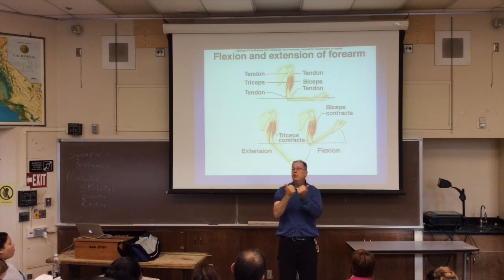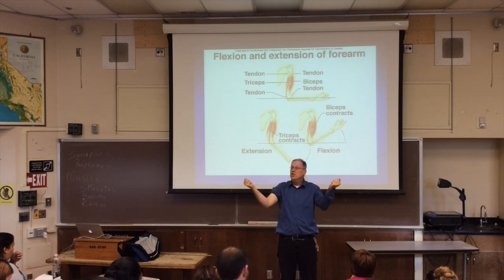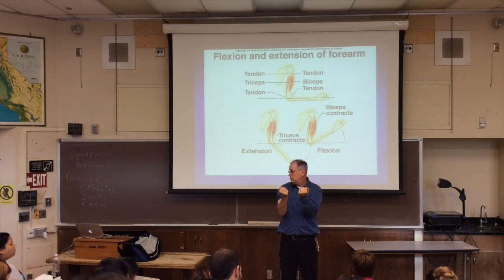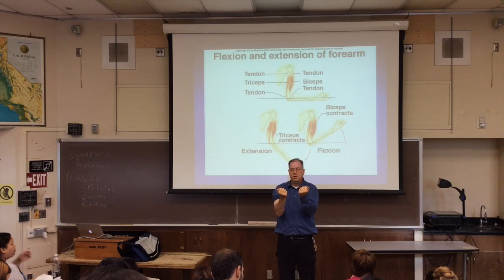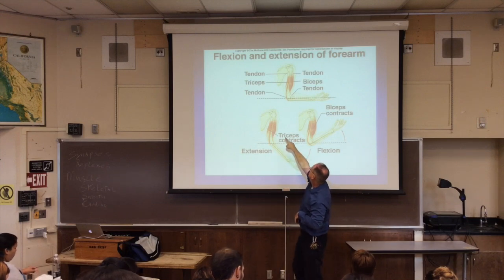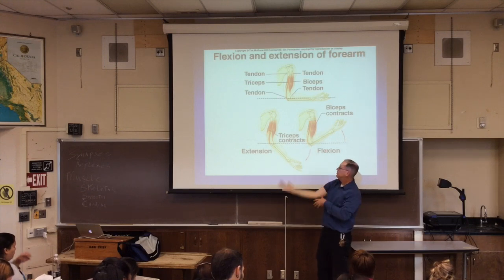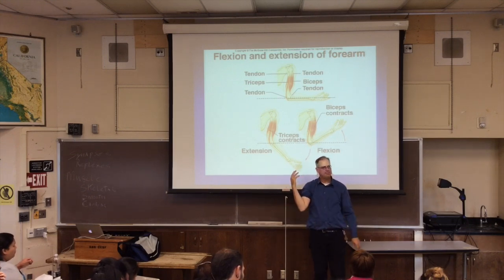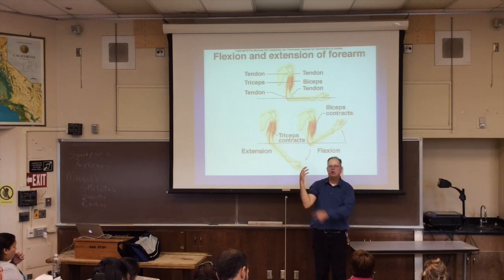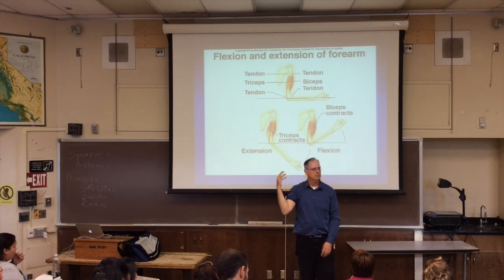Skeletal muscles do not push. They only shrink or shorten to deliver force. So I have a series of skeletal muscles here, my biceps, that when they actually contract, will pull my arm towards me. Now if I want my arm to go away from me, what can I do?